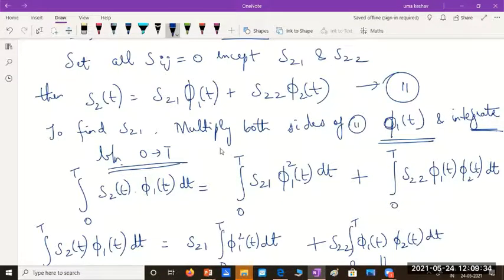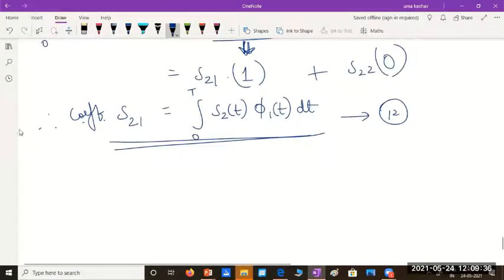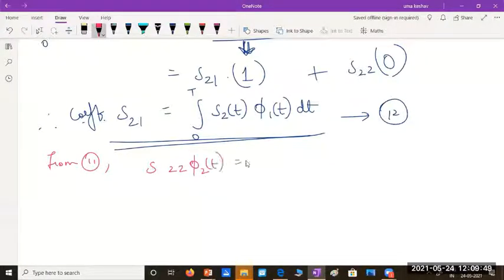From equation 11, can I say S22 into phi 2 of t can be written as S2 of t minus S21 into phi 1 of t?